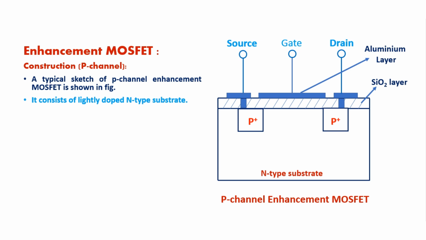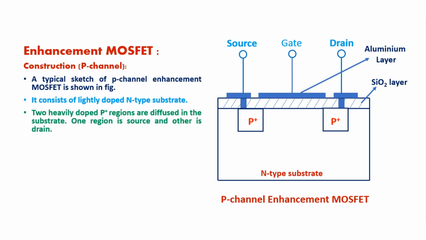So let's describe its construction and its operation. Actually, enhancement MOSFET consists of a lightly doped substrate of N-type silicon. On the N-type substrate, two heavily doped P regions are diffused. One is known as drain and the other as source.